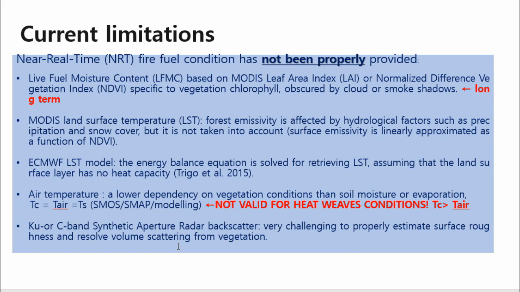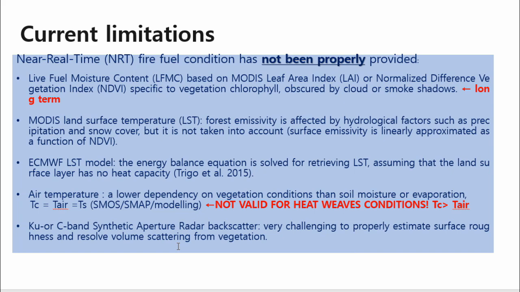However, these are not included in their retrieval algorithms, and instead surface emissivity for forest regions is usually linearly approximated as a function of vegetation index. However, like we just discussed, they don't really represent moisture contents, they represent chlorophyll.